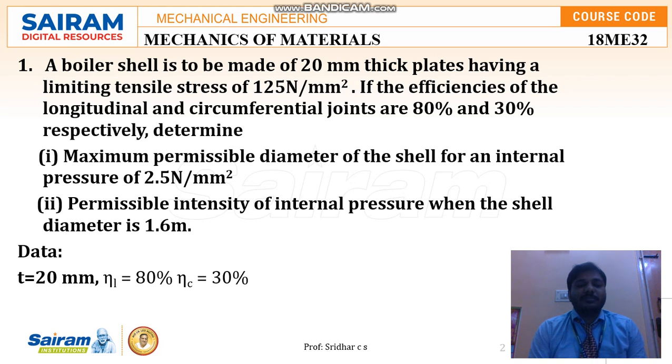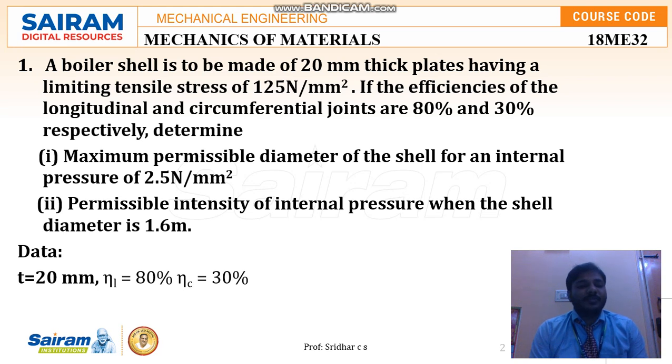The first condition is the maximum permissible diameter of a shell for an internal pressure. We need to find the diameter that withstands the internal pressure of 2.5 Newton per mm square, so what would be the suitable diameter based on the above conditions.